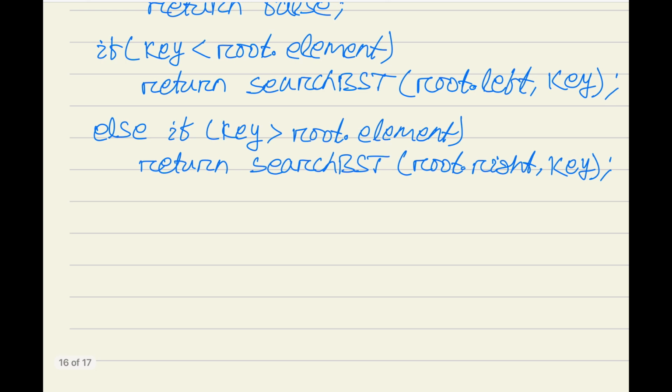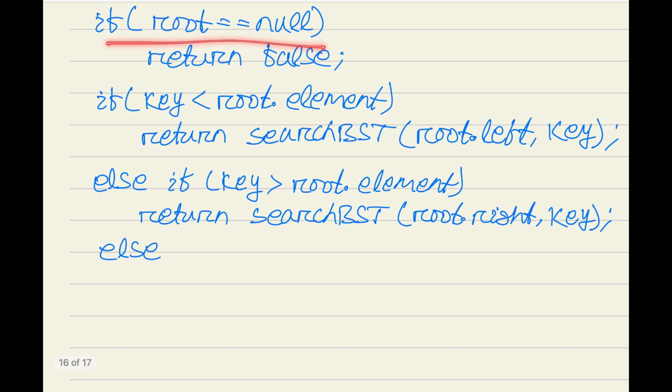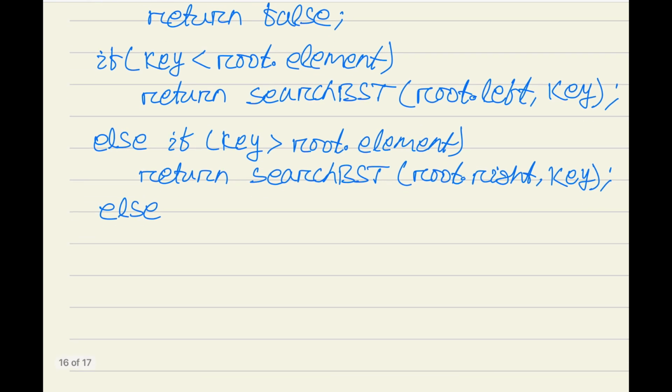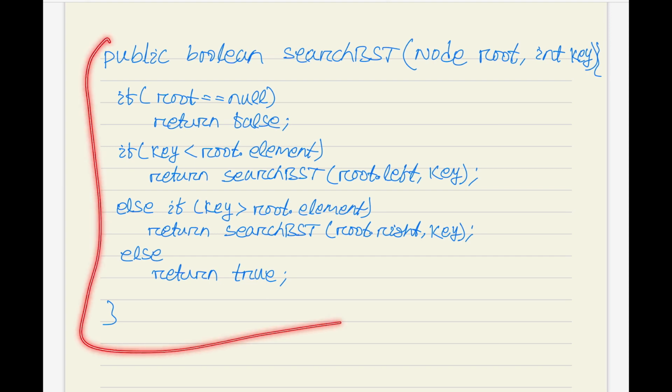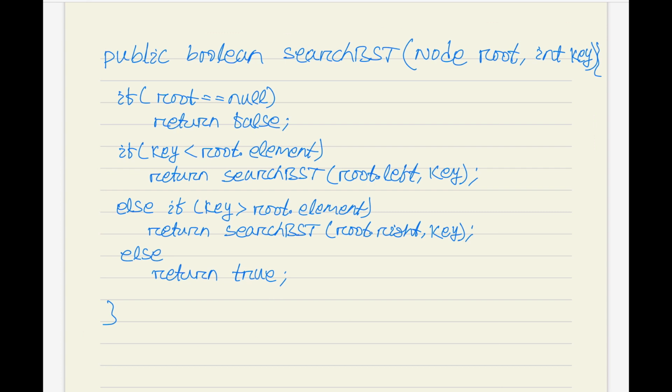Now else means this one is false, this one is false, so the key value is equal to the root value. So we can write return true, that means the element is found. So this is all about the search bst method. We can end the curly braces to represent the end of the method.